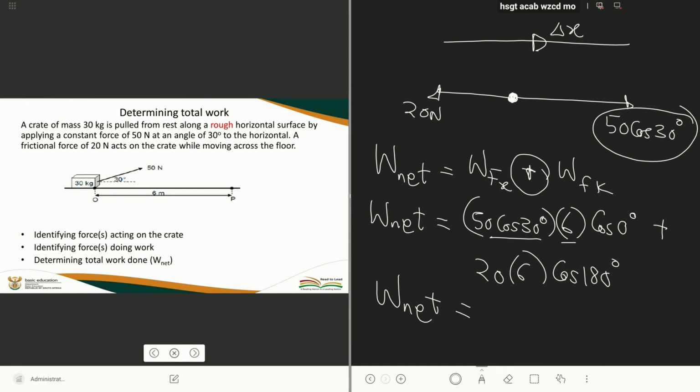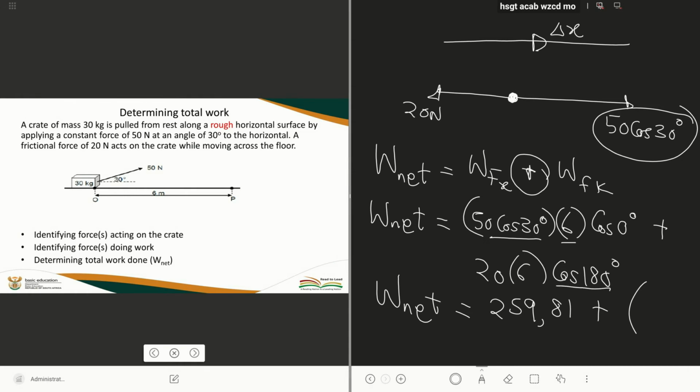This gives us 259,81, the work done by the horizontal force, to 2 decimal places. And then plus the work done by the frictional force, which reduces to -1.